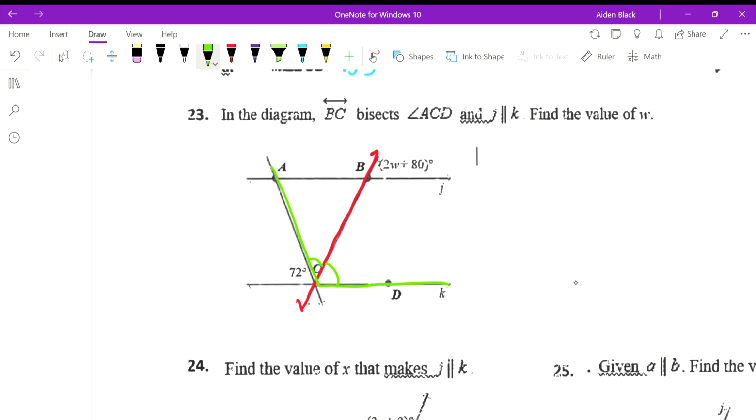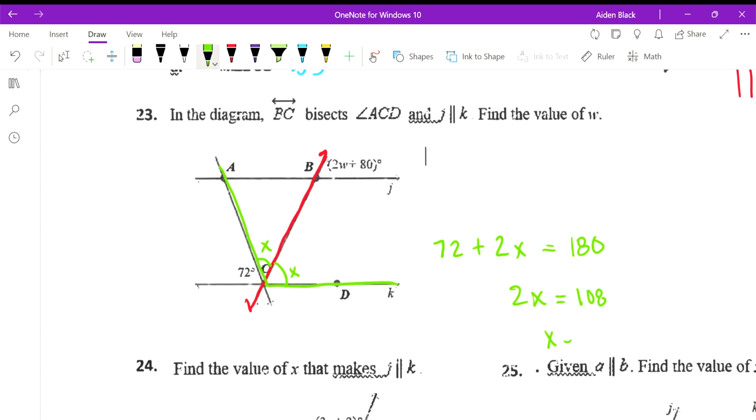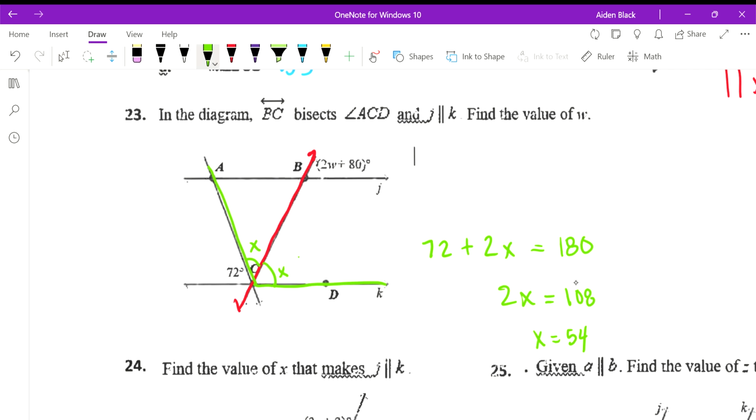So we know that 72 plus, we'll say 2x, we could just call these both x, equals 180. So 2x is equal to 108. And then we get x is equal to 54. So this must be 54. And this must be 54.